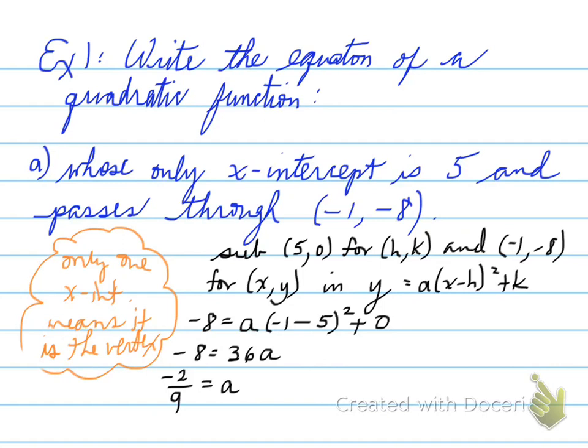So my equation will end up being y equals -2/9 times (x minus 5) all squared plus 0. We don't put the plus 0. So this, folks, is the equation of the parabola in vertex form. We can give it in any form. All right, moving on.